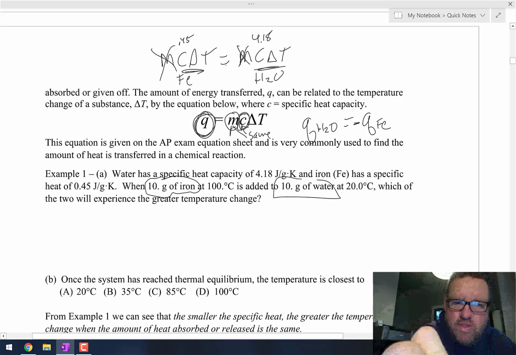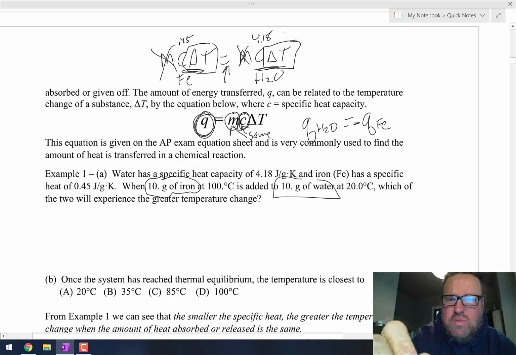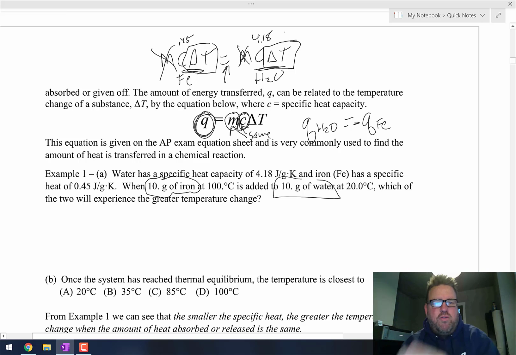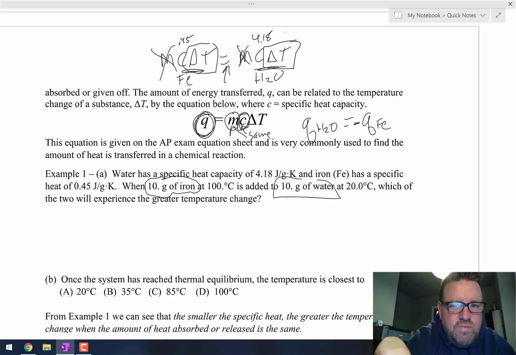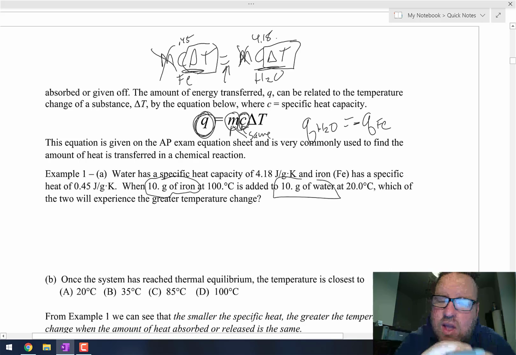In order for these to equal each other, this temperature change must be much, much bigger than this temperature change. Because 0.45 times, let's say, 60 is going to equal 4.18 times what number? That same number is a much, much smaller number.